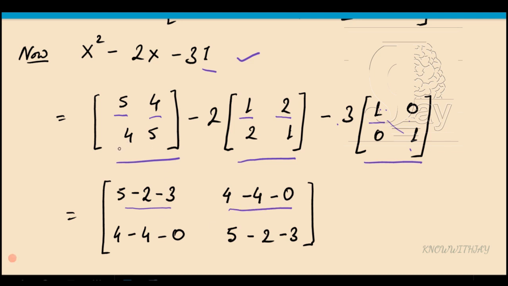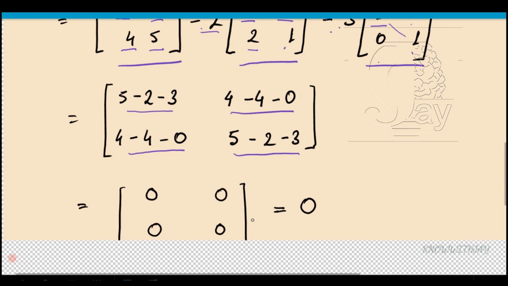So the third element is 4 minus 2 into 2 minus 3 into 0, so we get 4 minus 4 minus 0. And the last element is 5 minus 2 into 1 minus 3 into 1, so we get 5 minus 2 minus 3.